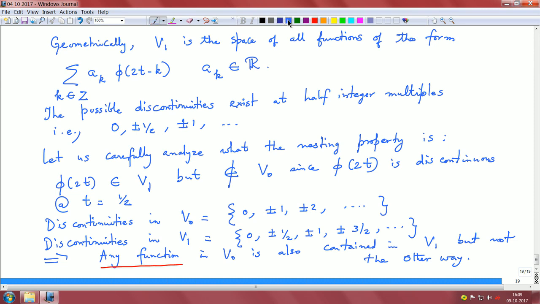So we can conveniently say that V0 is contained in V1 but not the other way around, which is what we wrote in the very beginning as the first property on nesting of these subspaces. V0 is contained in V1. This is what it is.